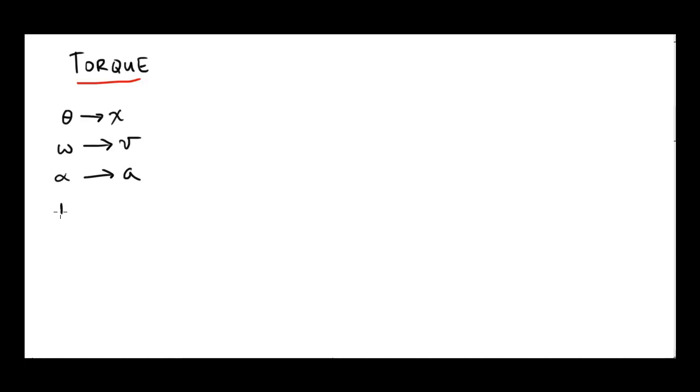And now we have I, which is the rotational inertia, or the analog to m. And torque, which is the Greek letter tau, like a little squiggly t, is our analog for force. So this is the rotational analog of force.